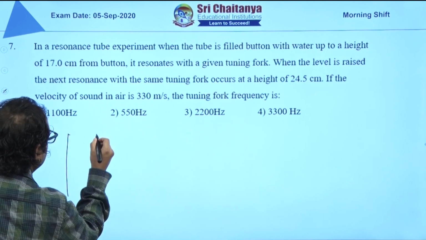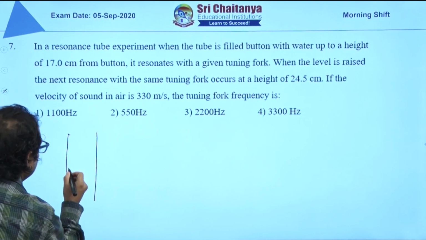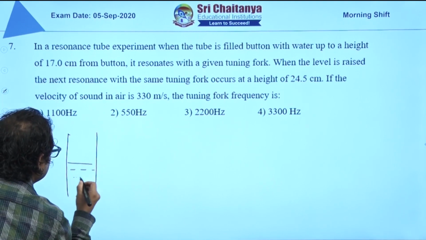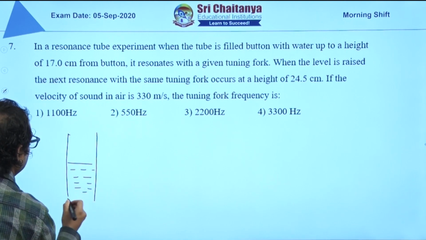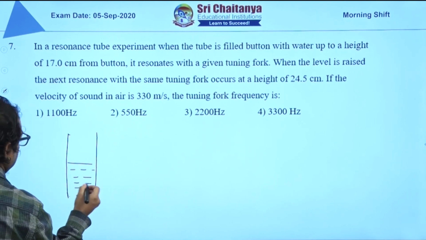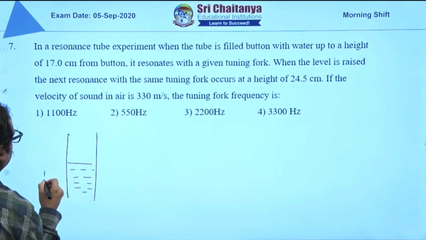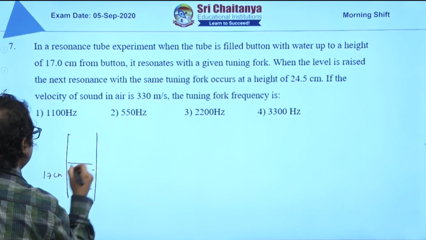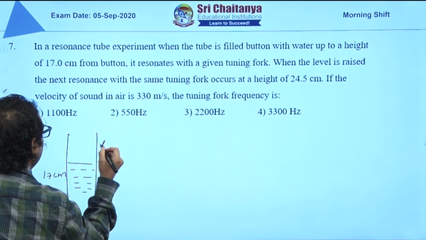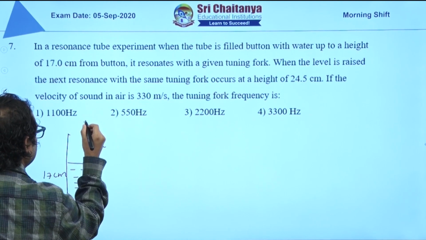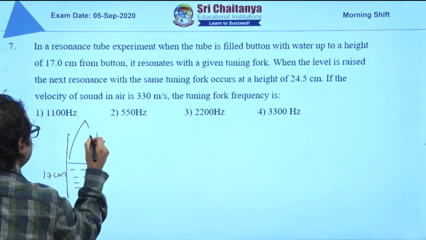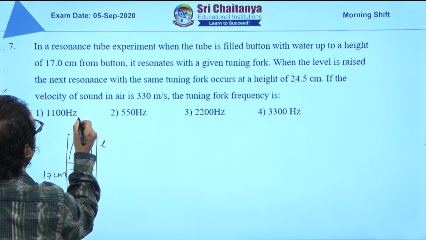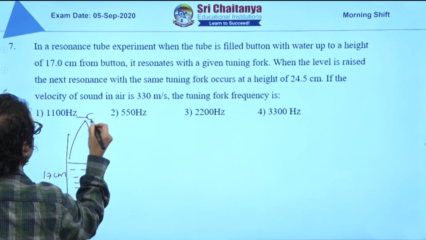So let us make two diagrams out here. Let us say water is filled up to certain height, it is 17 centimeter, and let the open length is L. So, definitely there is your standing wave, this one.